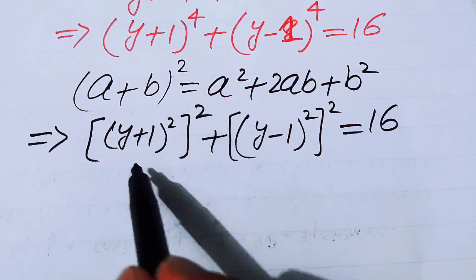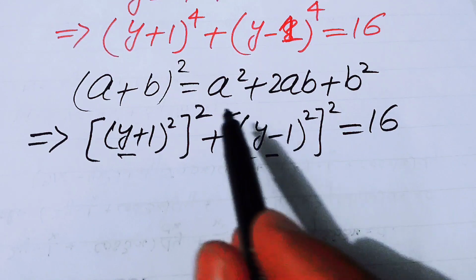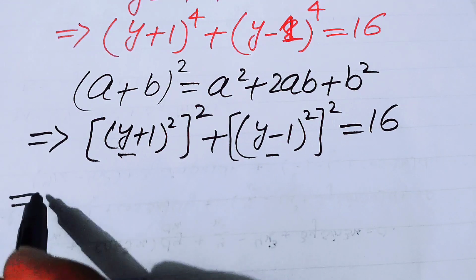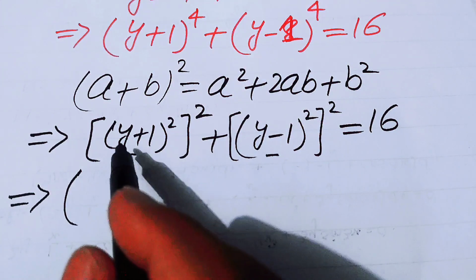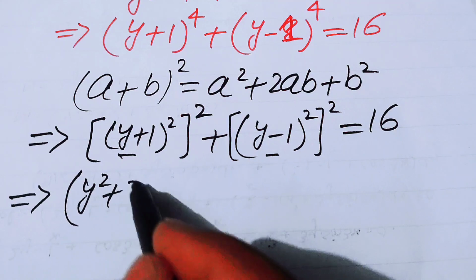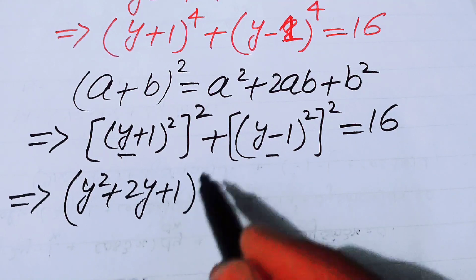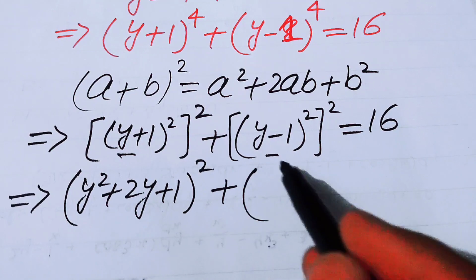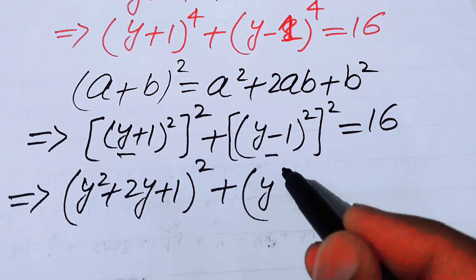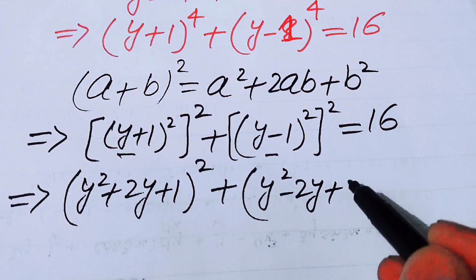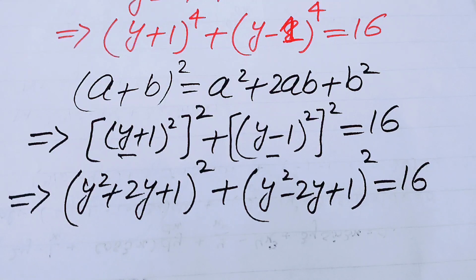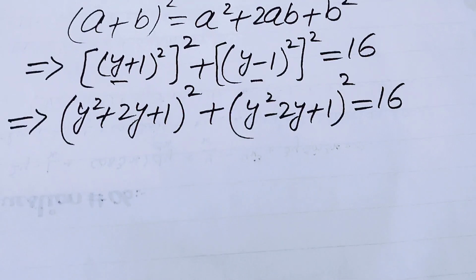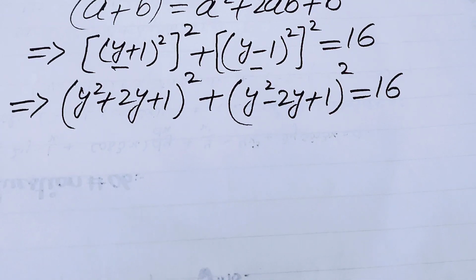So now we can first open the inside term of the whole square, or we can first open this square and you can get simply (y² + 2y + 1)², plus similarly here you can get (y² − 2y + 1)² is equal to 16.